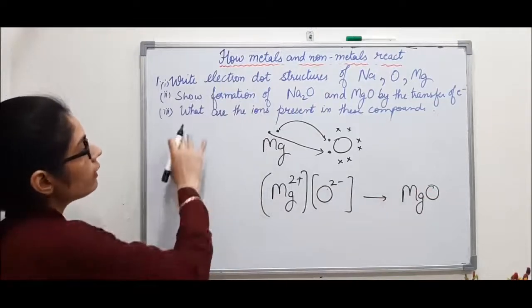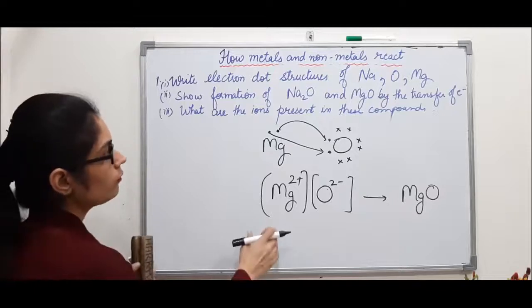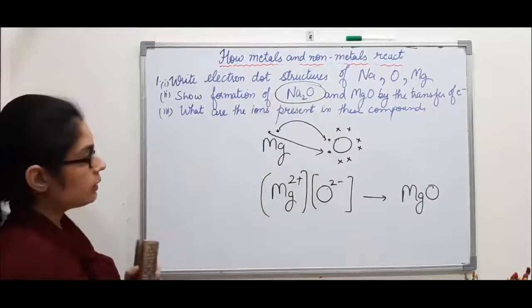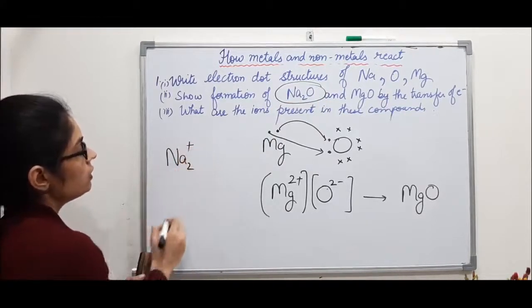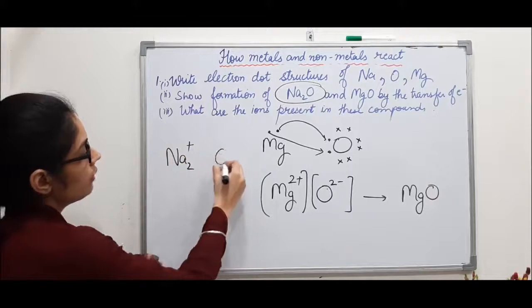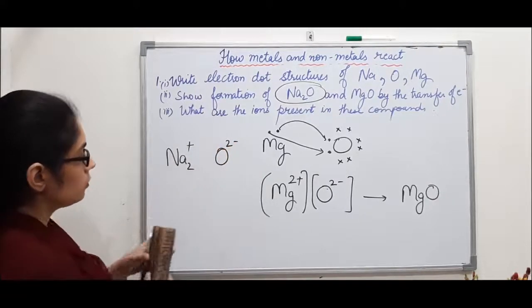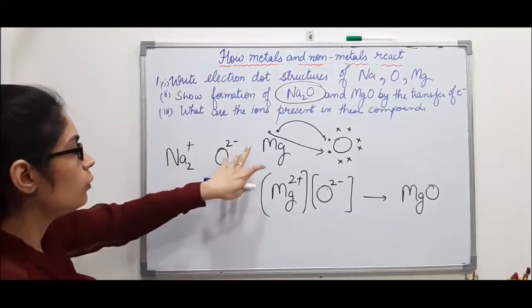So the third one is, what are the ions present in these compounds? So in the previous one, in sodium oxide, the ions were Na+, then O2-. So 2 atoms of sodium, each acquired 1 positive charge, and oxygen 2 negative charge.